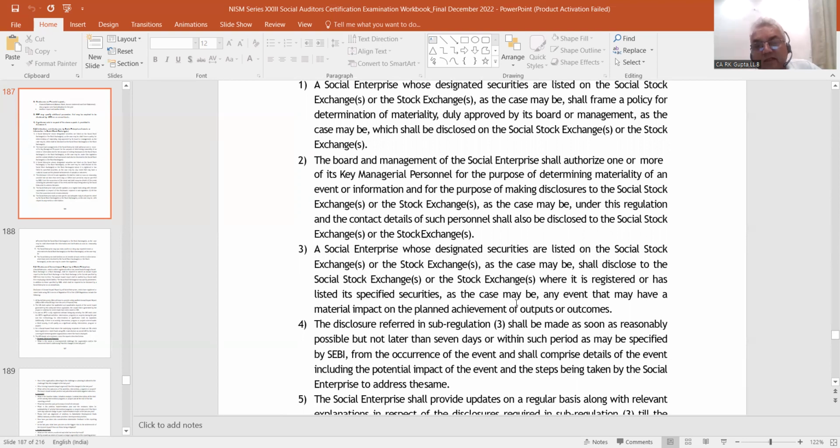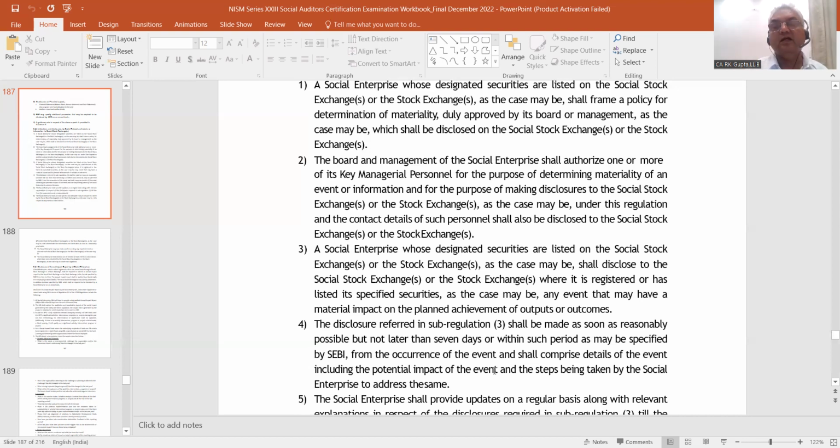Suppose they have done some event, so disclosure has to be made as soon as reasonably possible, but not later than 7 days or within such period as may be specified by SEBI from the occurrence of the event, and shall comprise details of the event, including the potential impact of the event and the steps being taken by the social enterprise to address the same.